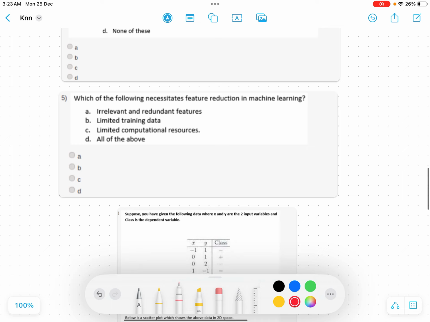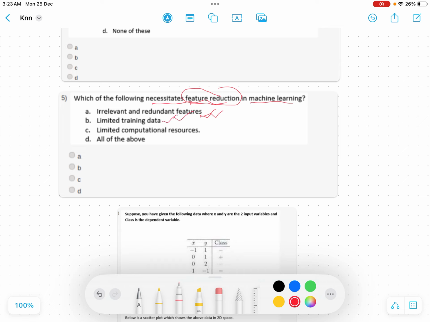Now look at question number 5. Which of the following necessitates feature reduction in machine learning? Irrelevant and redundant features, so you are going to neglect those.